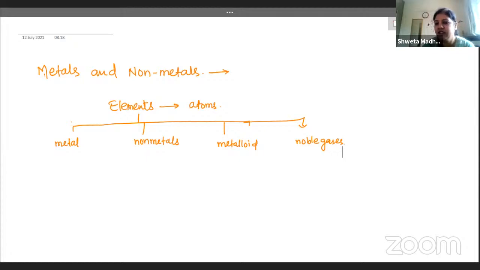So earlier they were considered under the non-metal category only, but after that they have been separated as noble gases. According to chemical property, these gases do not react with any of the substances. So these are chemically inert, chemically non-reactive, noble.